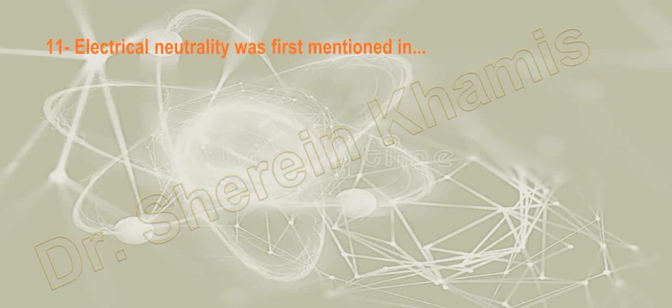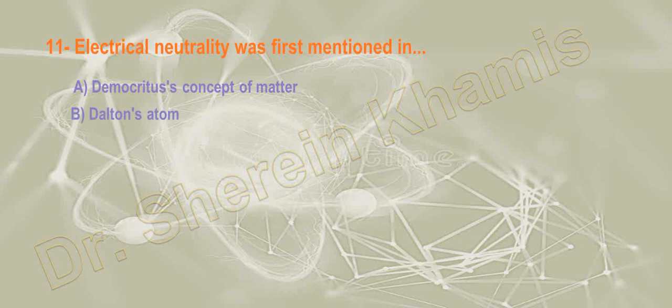Question number 11: electrical neutrality was first mentioned in what? The first option is Democritus's concept of matter. It's not mentioned at all by Democritus. Dalton's atom, no, it's not mentioned. Boyle's concept of matter, no, Boyle's assumption did not depend on electric charge.